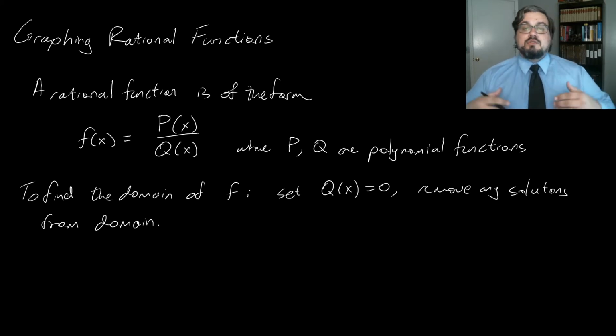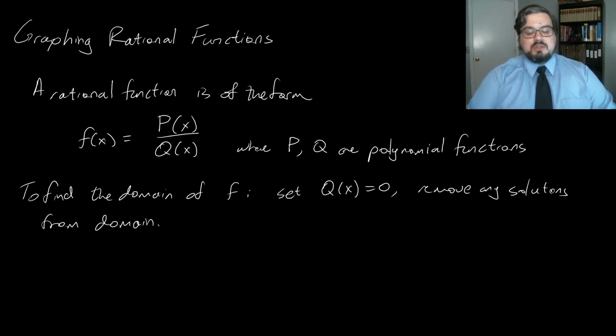The thing that can sort of go wrong when we're looking at a rational function is if the denominator of the function winds up being 0. If the denominator of the function can ever be 0, then the inputs that make that happen can't be in the domain of the function, because the domain of the function can't include any numbers that would make the output undefined, which is what would happen if the denominator were 0. So this is how we find the domain of f. We set the denominator equal to 0 and eliminate any solutions to that equation.